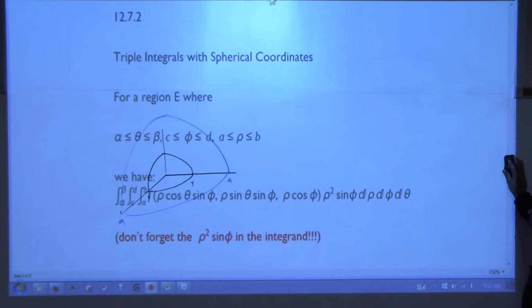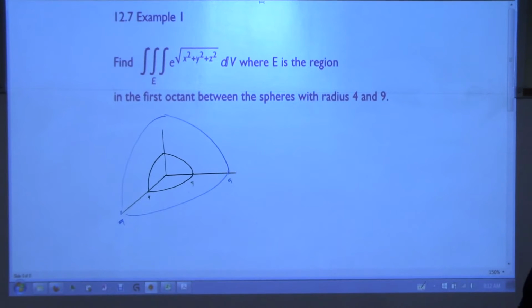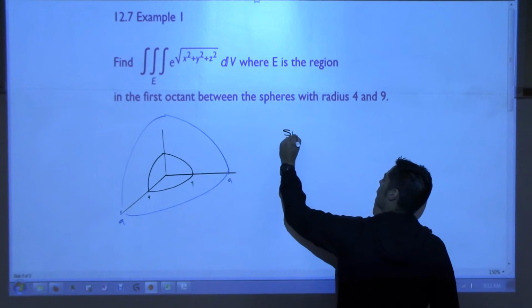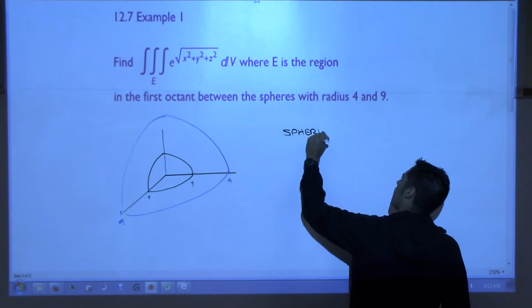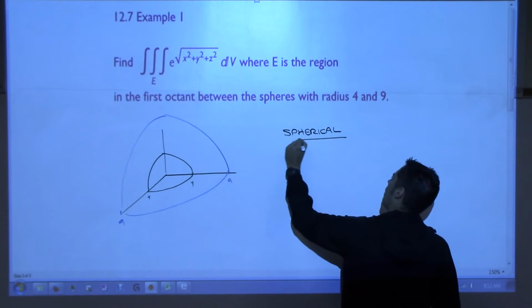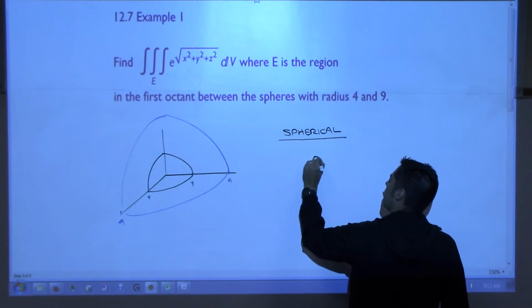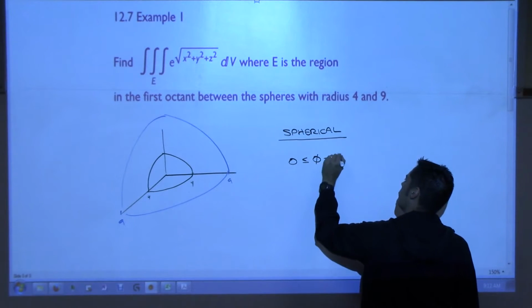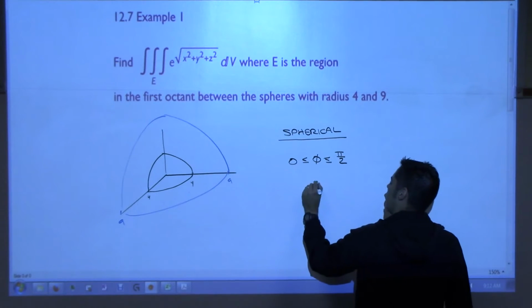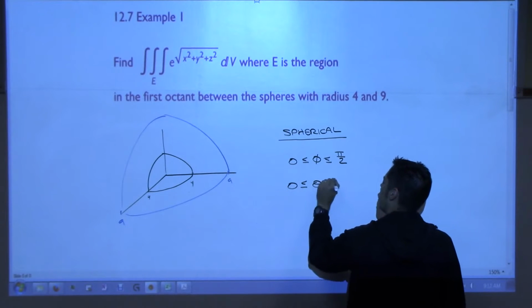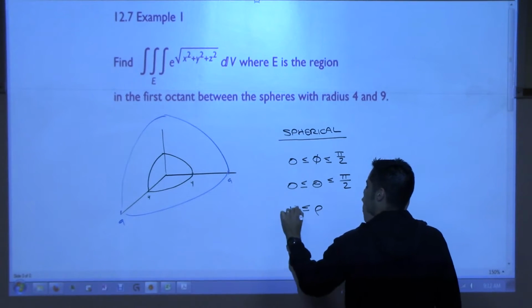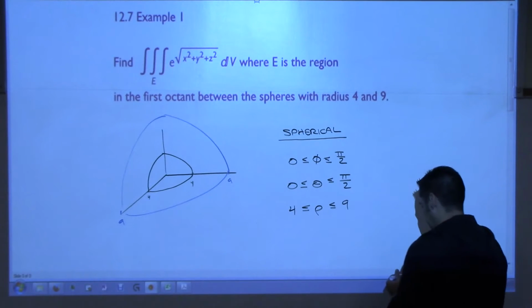So we should be able to define that region pretty easily in spherical coordinates. In spherical, we're going to have that phi is between 0 and pi over 2, that theta is between 0 and pi over 2 also, and this time rho is between 4 and 9.